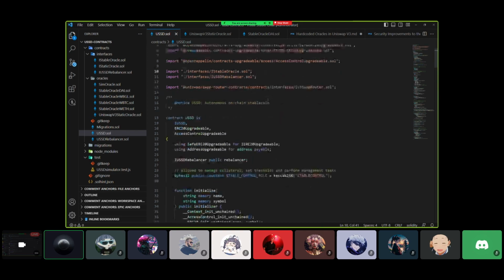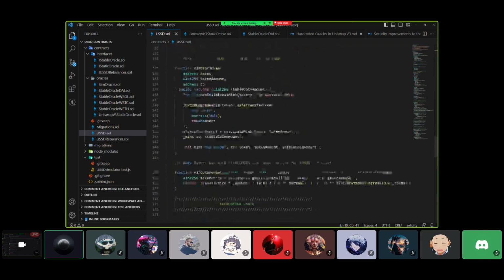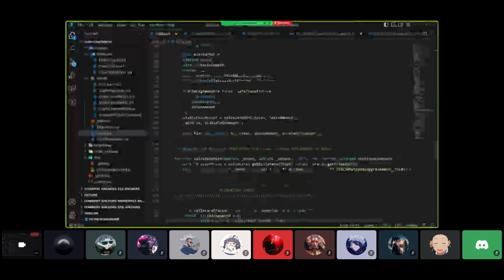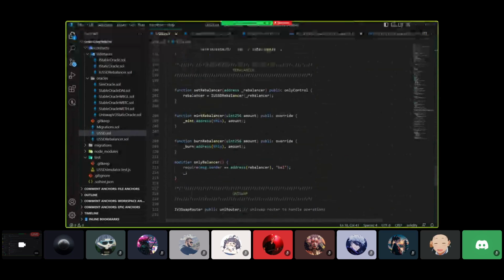Okay, that's one open. Yeah, that will be. Let me find it for you guys. That will be this function.